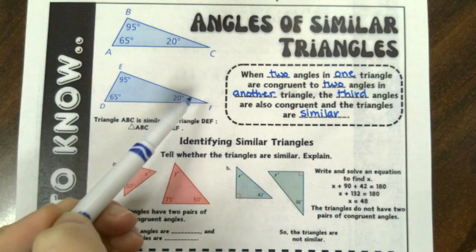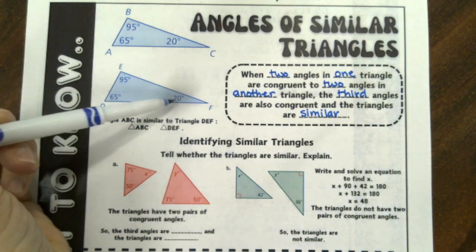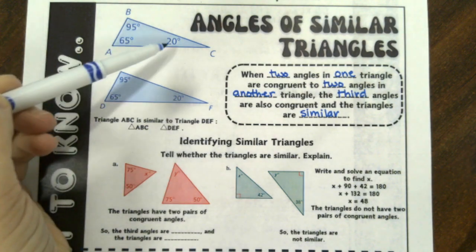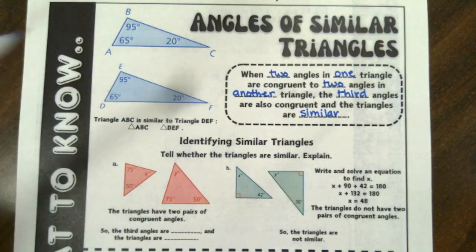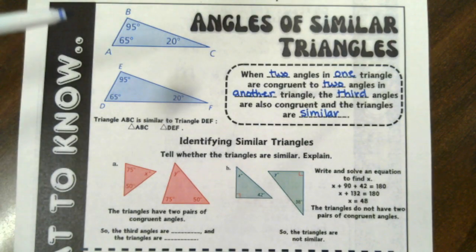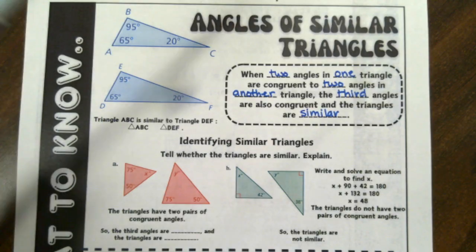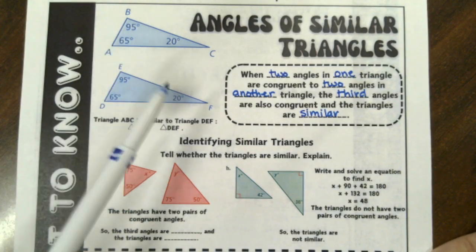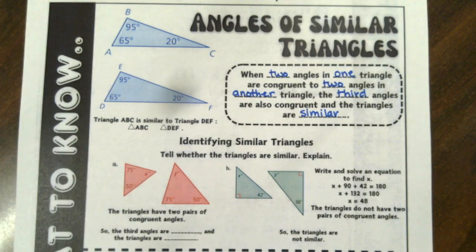That means that this third angle is also going to be congruent, because it is, right? We see that here. And that tells us that these triangles are similar. Something that you need to remember is that all of these angles together equal 180 degrees. So if we have two angles that are congruent, it doesn't matter which two, it could be these two, could be those two, doesn't matter.